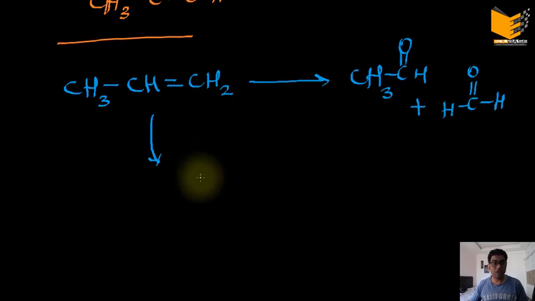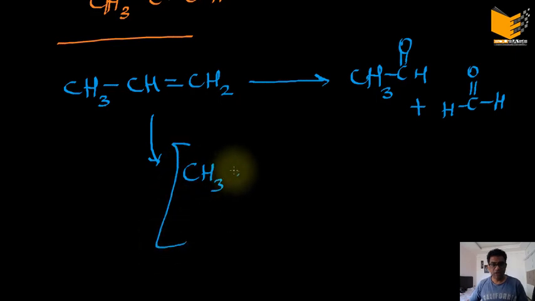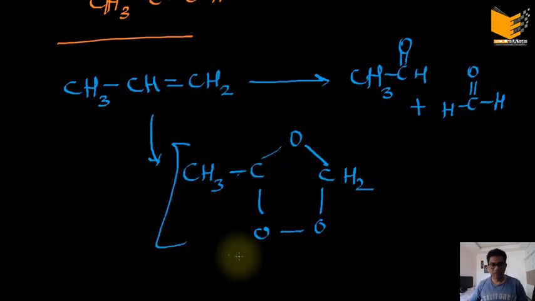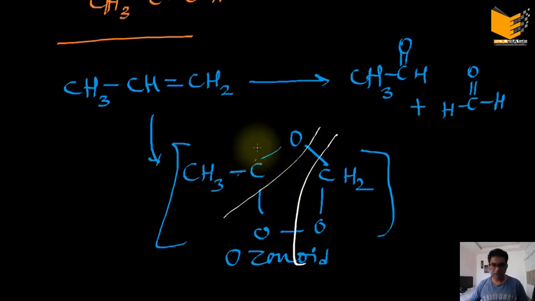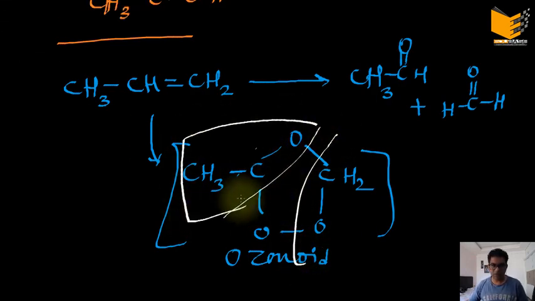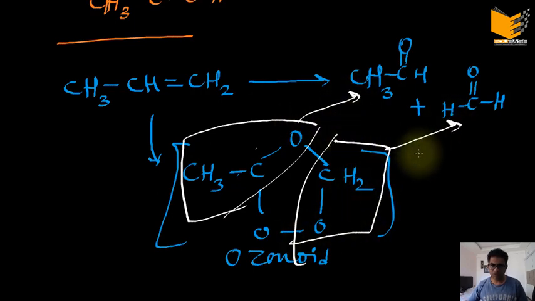That intermediate is called an ozonoid, if you remember that. That is the intermediate we are drawing here, and this then breaks up like this. This portion is going to give you one aldehyde, and this portion is going to give you the other aldehyde.